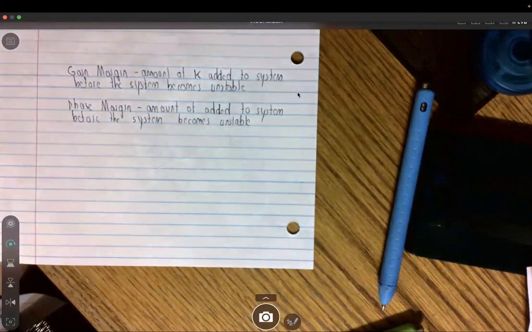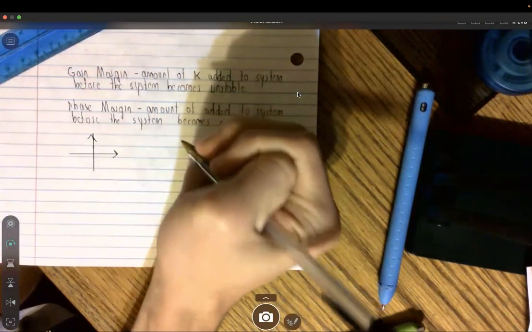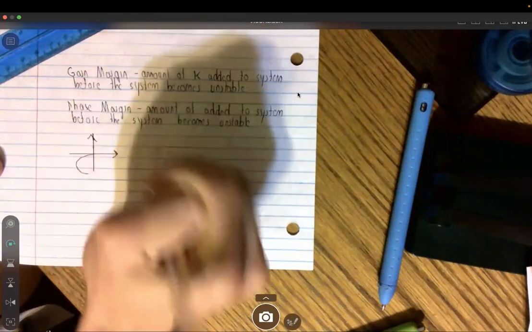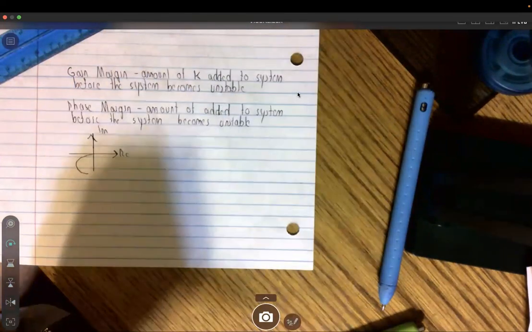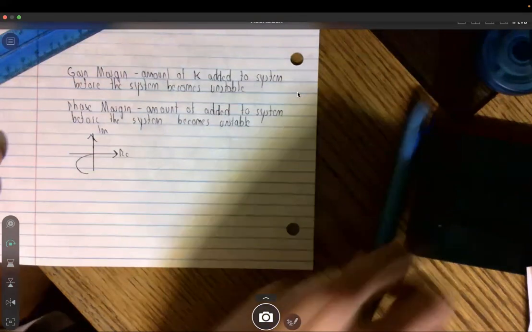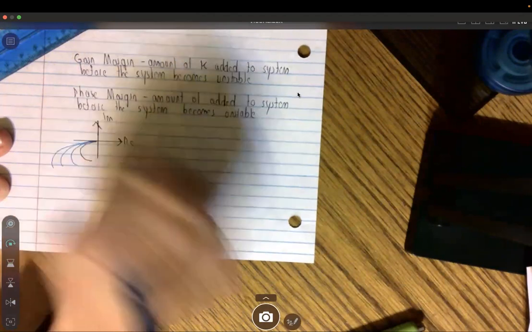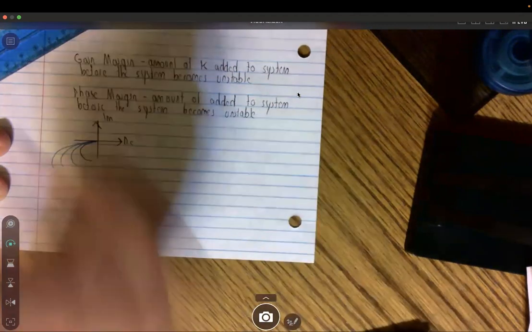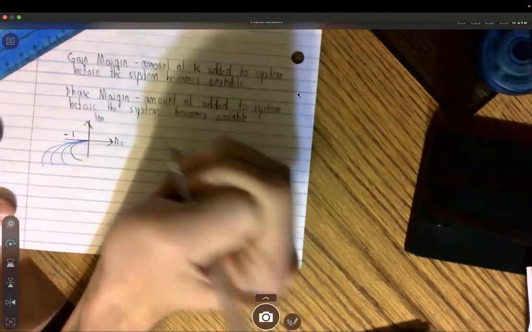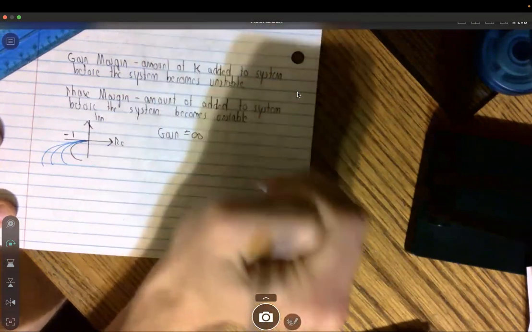when we have our real and our imaginary part on the plot, we notice that if we want to increase the gain, it would make the curves look like this. But they'll never intercept the point -1. And so what we're going to notice is that the gain margin can equal infinity because it never intercepts the point -1.